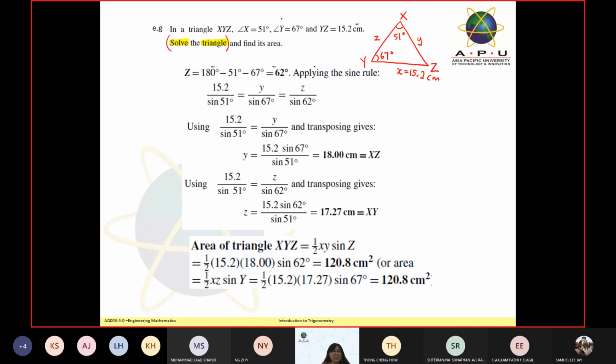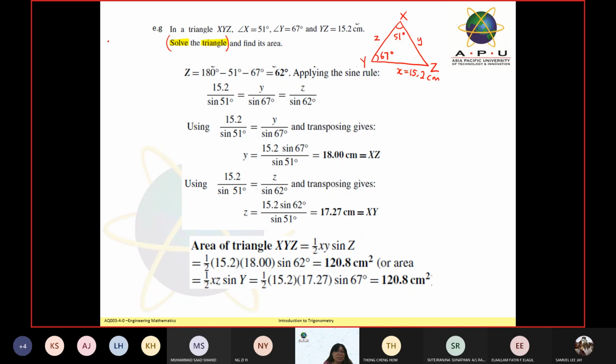Just now we were given two angles and one side, so solving the triangle means you need to find the rest of the angles and the rest of the sides. You already have two angles, X and Y, so you need to find angle Z. You already have side x, which is 15.2, so you need to find side y and side z. That is what it means to solve the triangle.